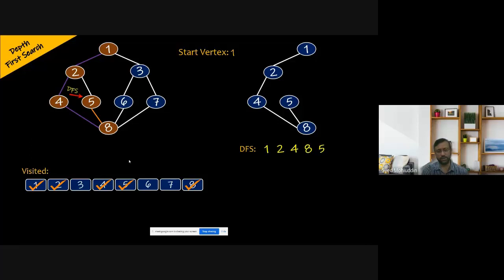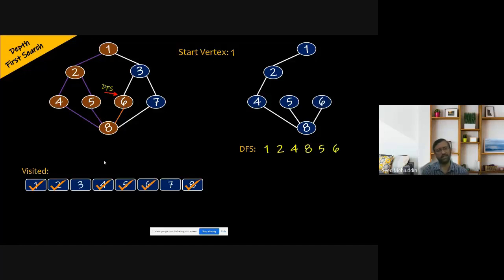Is vertex 2 visited? Yes, it is already marked in the visited array, so it will not visit vertex 2. Then, since it's a recursive procedure, it comes back to vertex 8. From vertex 8, the next adjacent vertex is vertex 6. It's not visited, so we visit vertex 6 and mark it as visited.